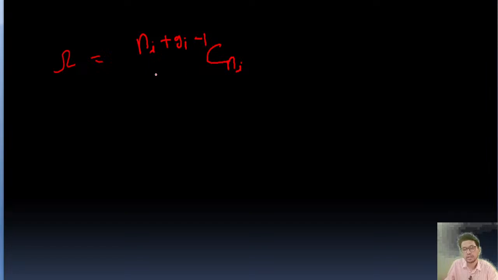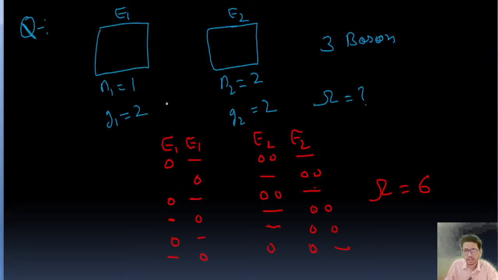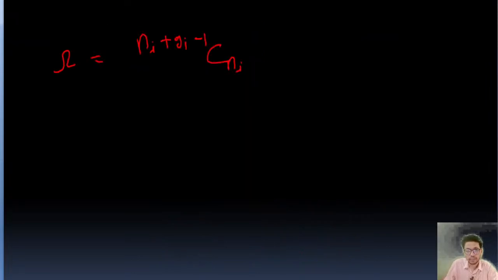This is the formula, guys: Ni plus Gi minus 1 C Ni, where Ni is the number of particles and Gi is the degeneracy. Is anything missing? Yes, the pi. This is the capital pi, the product symbol.